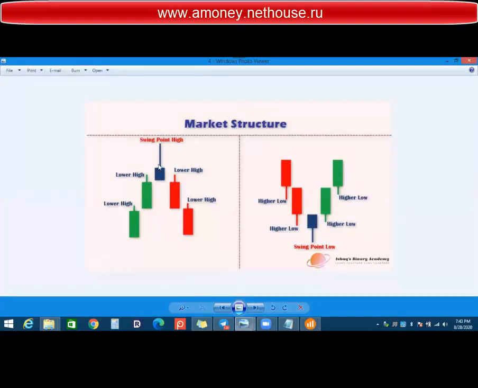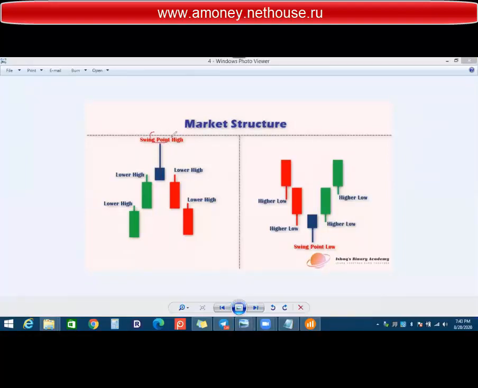Also, fractals give you an idea: if the middle candle has a high, and the left two candles and right two candles are lower than the middle high, the fractal will give you an arrow here. It's showing that in this five-candle period, this is a high, and it can act as resistance, it can act as supply. Everything can happen in this area. So this is a sequence.